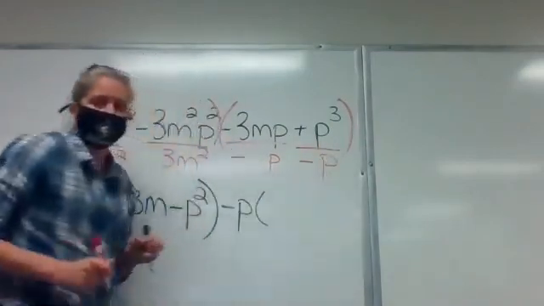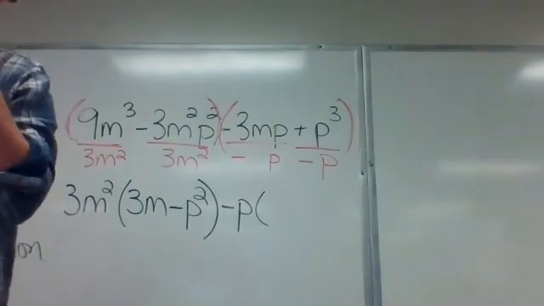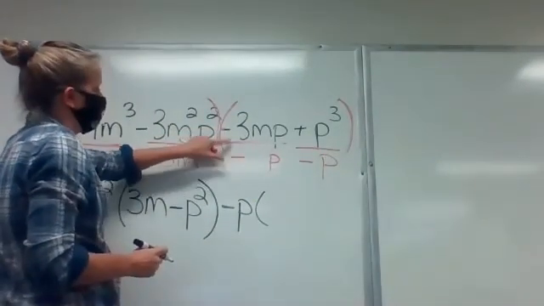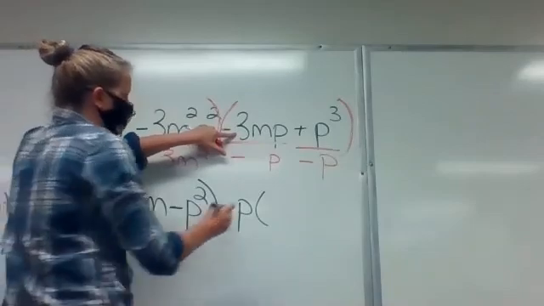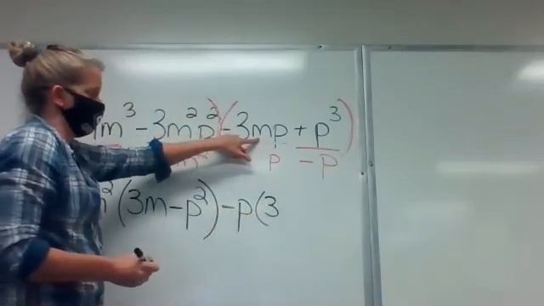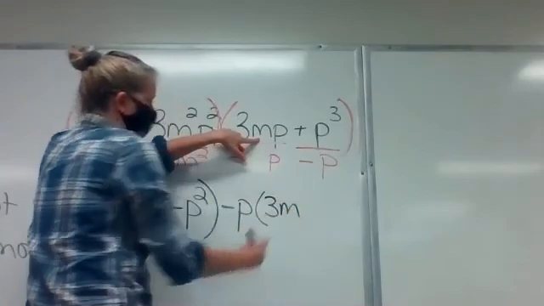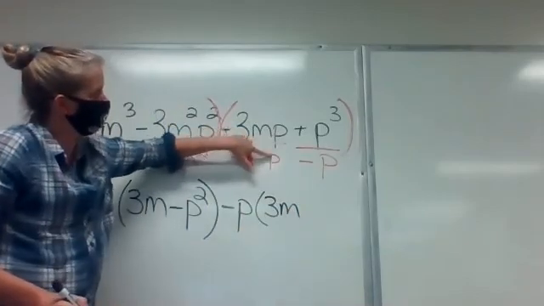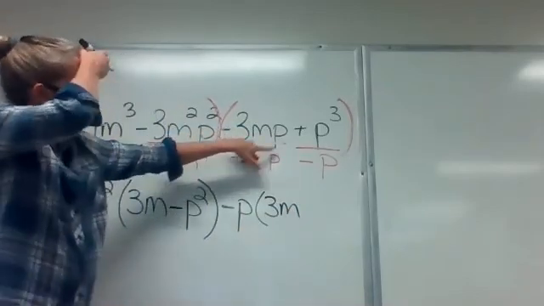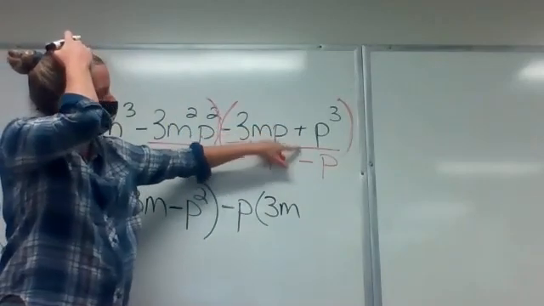So when you're dividing by a negative, that's going to change your signs. This negative over a negative turns this to positive 3. I didn't pull out any m, so I still have this m, but I did pull out that p. What does this positive over a negative turn this into?